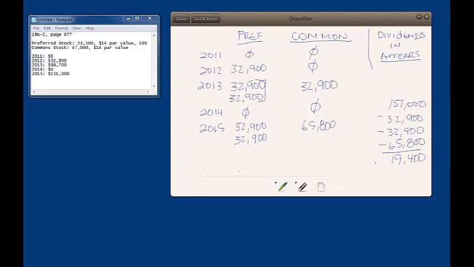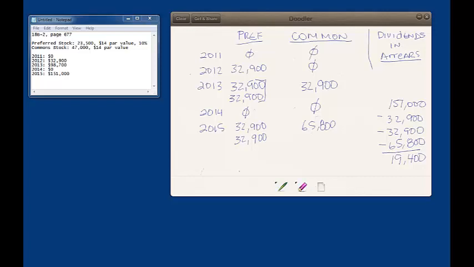Now we move on to step number 3. Step 3 is to determine the par value of preferred and common stock if the preferred stock is participating. In the last 2 scenarios, the preferred stock was non-participating, so we were able to stop there, but in this scenario, the preferred stock is participating. So we have to figure out the par values.